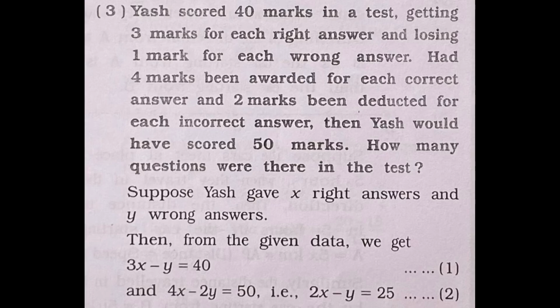So if he gives y incorrect answers, then y marks will be lost. And total marks he got in the test is 40, which will be obtained by subtracting the marks lost by giving incorrect answers from the marks obtained by giving correct answers. So our first equation will be 3x minus y is equal to 40.